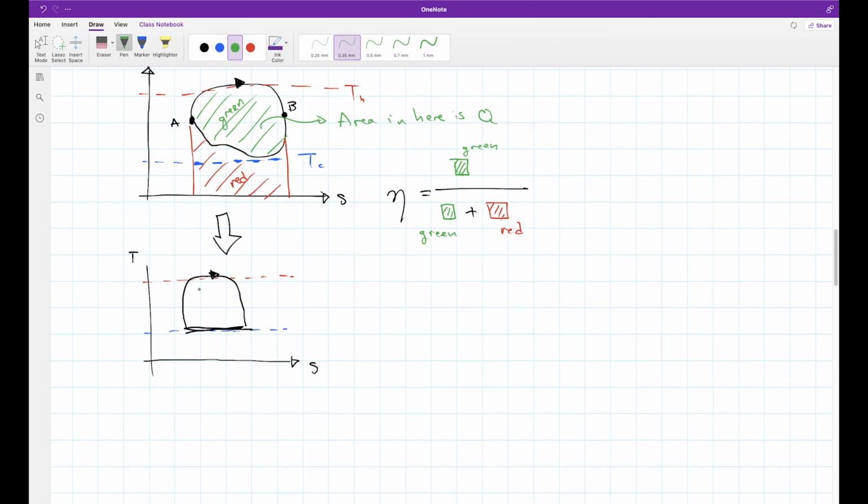So now all of the green part, everything above the blue dashed line, is contributing to the total heat without contributing any more to the heat in. Good. Now we need to worry about the region up here.